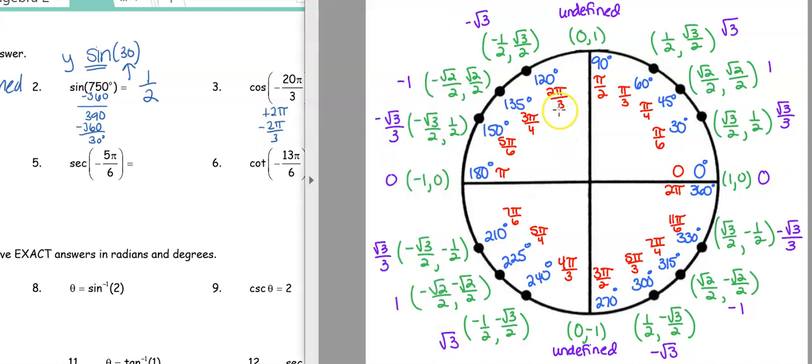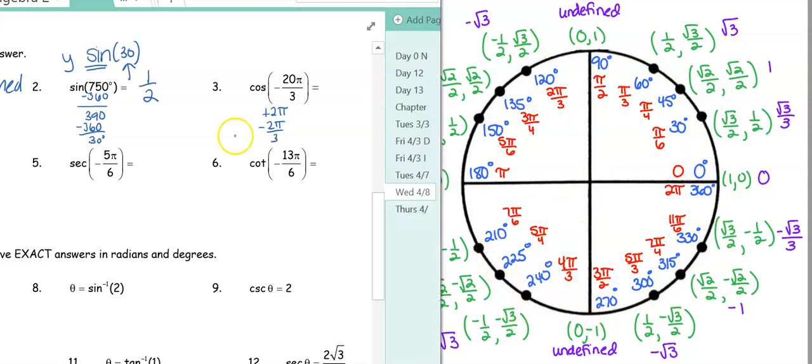So if we look at 2 pi over 3, this is here at 120. So if I want a negative 2 pi over 3, we are over here at 240 degrees. Or you could have added 2 pi again, which would have gotten you that 4 pi over 3. However you end up finding it, it doesn't really matter.